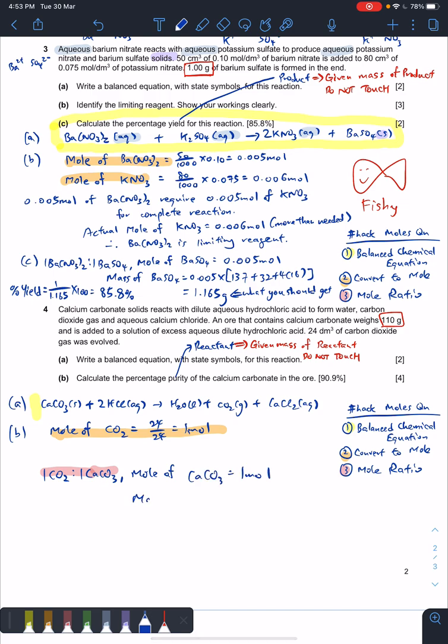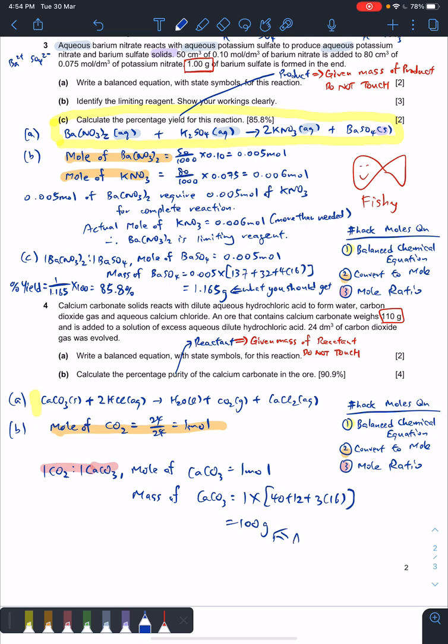Then you can find your actual mass. 40 plus 12 plus 3 times 16 equal to 100 gram. That means that the actual mass of calcium carbonate is 100 gram.